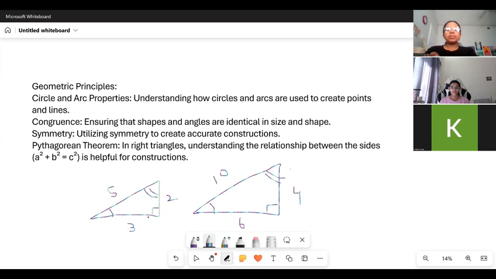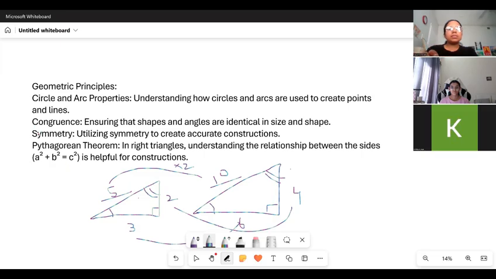So basically, what's going on here is you're just multiplying by 2 to go to the next side, right? Same here and same here. So they're proportional to one another, the side lengths. That's when you call the triangles similar to one another, because their side lengths are proportional to one another and they have the same angles with one another.